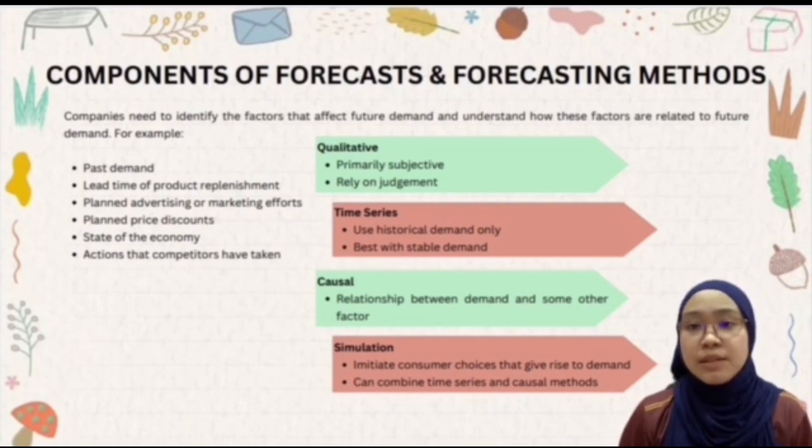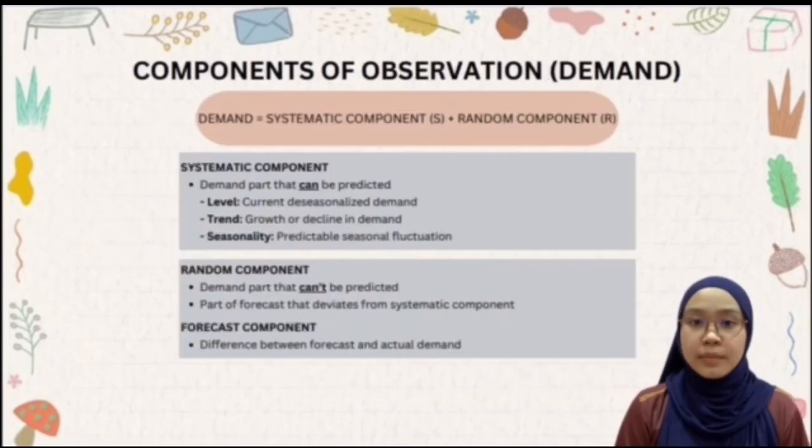Second, time series, which can be used to forecast using historical demand only, and it is best with stable demand. Third, causal method, used to forecast the relationship between demand and some other factor. Fourth, simulation method, which is used to imitate consumer choices that give rise to the demand.